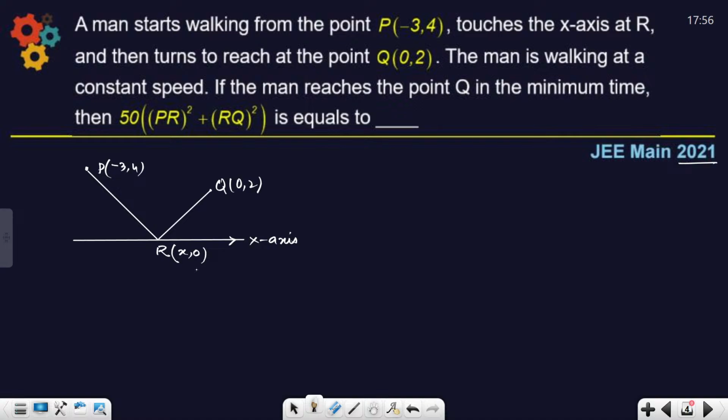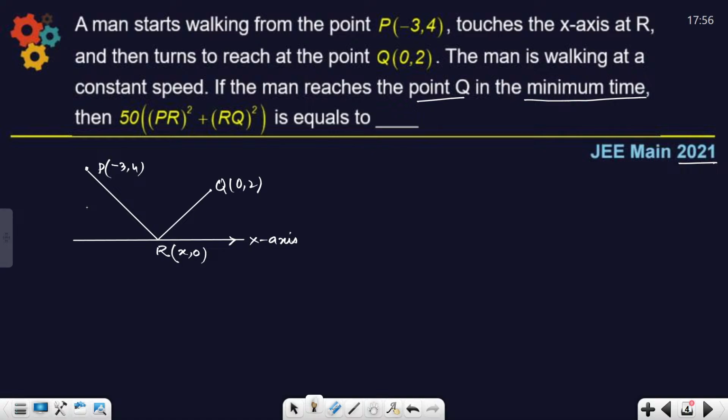Now they have said that the man is walking at a constant speed. If the man reaches the point Q in minimum time, it means that he is covering the minimum distance.